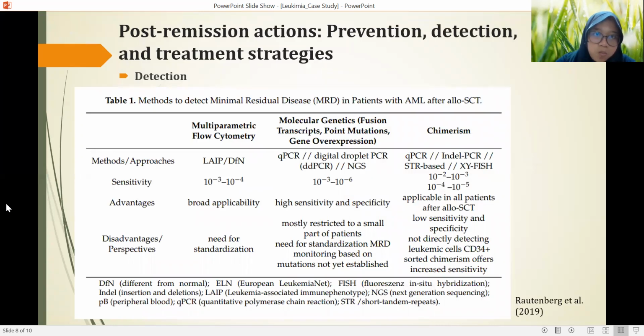Next, post-remission options include prevention, detection, and treatment strategies. The detection methods consist of multi-parametric flow cytometry or MFC, molecular genetics, and chimerism. The treatment of AML relapse after transplant is challenging, right?